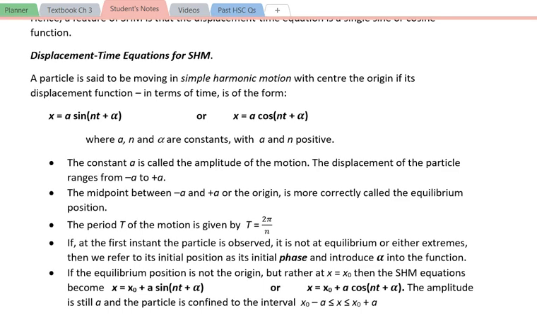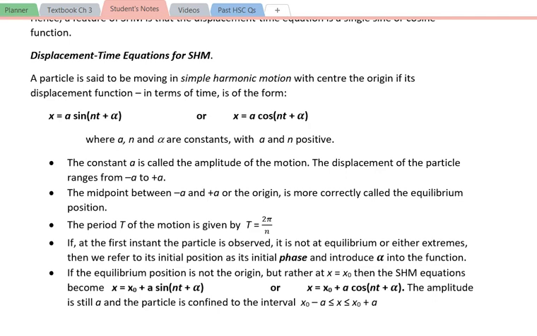Okay, so if we look at this function for displacement and think about our trig curves and how we've studied them, keep in mind that a number out the front, a number in front of the t, which is our variable, like our x, and alpha are constants, and a and n must always be positive.